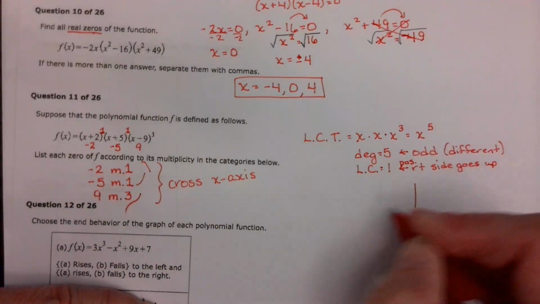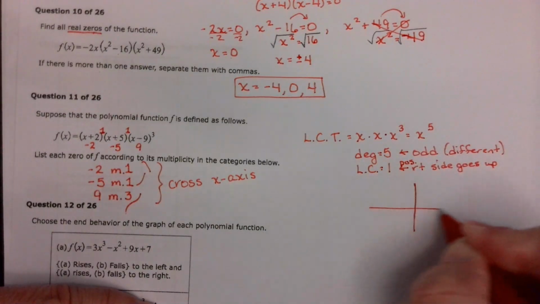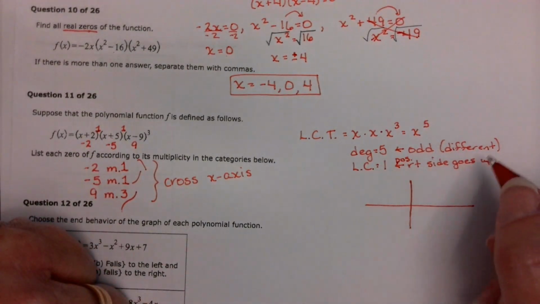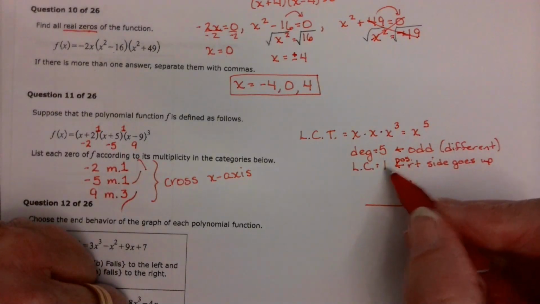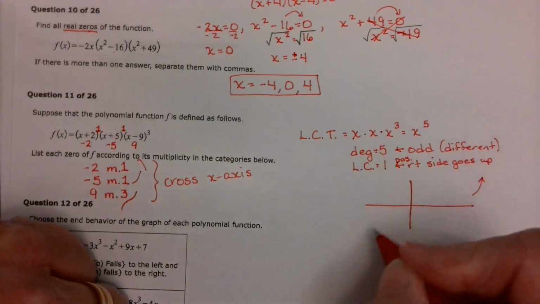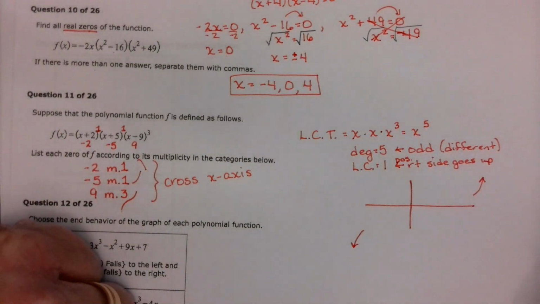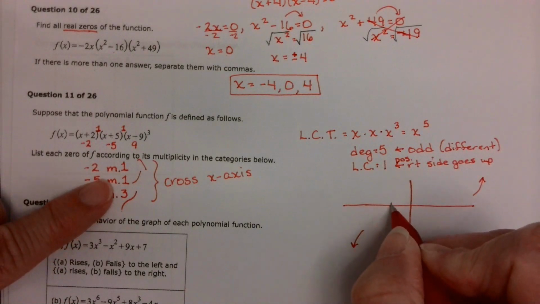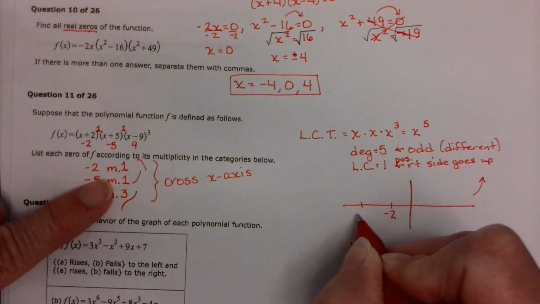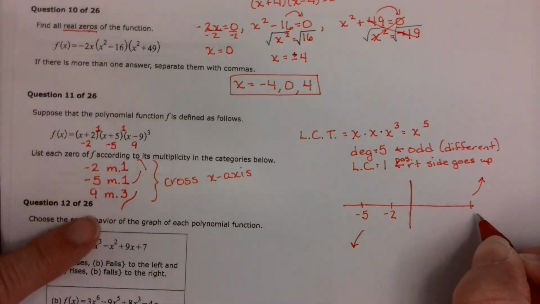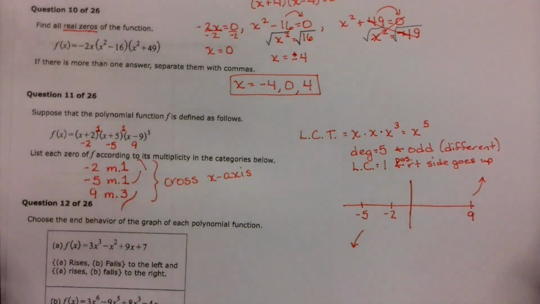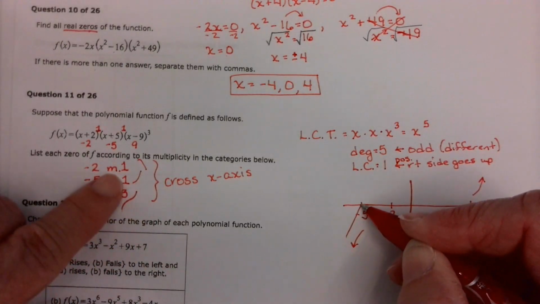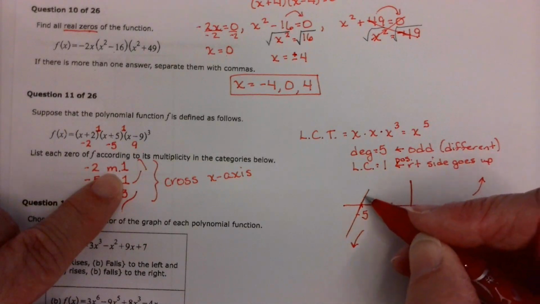Okay, so if we were to just do a really, really rough sketch. This is +1, so this right side goes up. They go different directions, so the left side goes down. I have one. It's got -2 here. Let's say -5 is here, and we'll do 9 is way down here. So how this would look is it comes up to -5 because it has a multiplicity of 1. It goes through the x-axis.